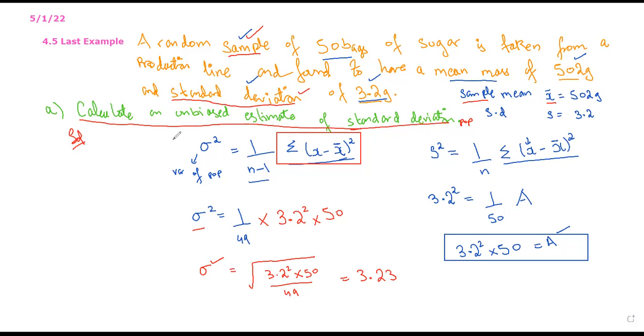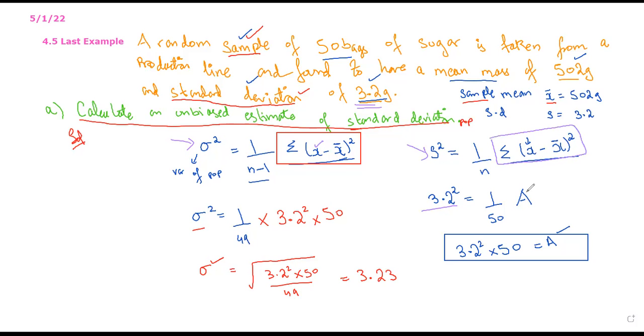This was the formula which we were supposed to use, but since we did not have any x, we could not use it directly. Since we had this 3.2, although at times they give you extra information just to confuse you, this time around this information was needed, right? Using this 3.2 and this formula, we were able to get this value.